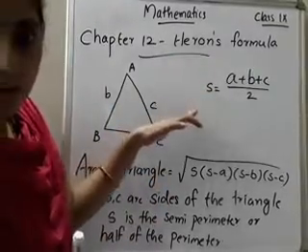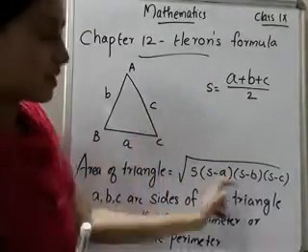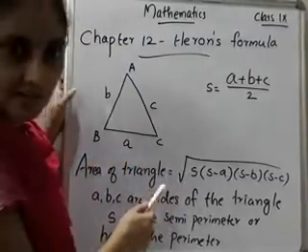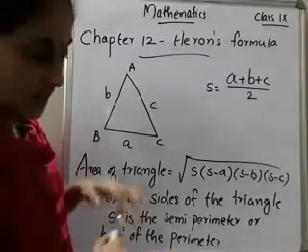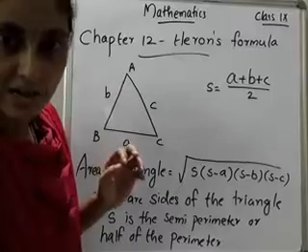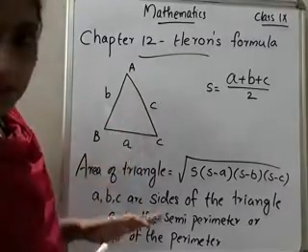Don't forget to write S, because if you don't know how to calculate S, then you can't apply the formula. Also, some students are putting S outside the root. It must be inside, that is root of S into S minus A into S minus B into S minus C. Hope you are clear on these things.